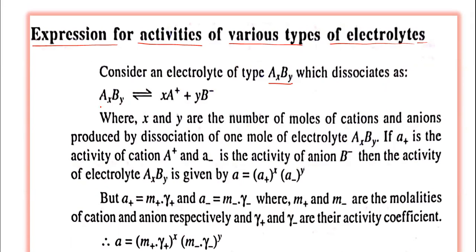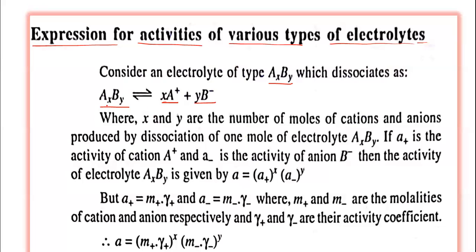This electrolyte dissociates into X number of the cation A positive and Y number of the anion B negative, where X and Y are the number of moles of the cation and anion produced by dissociation of 1 mole of the electrolyte AXBY.